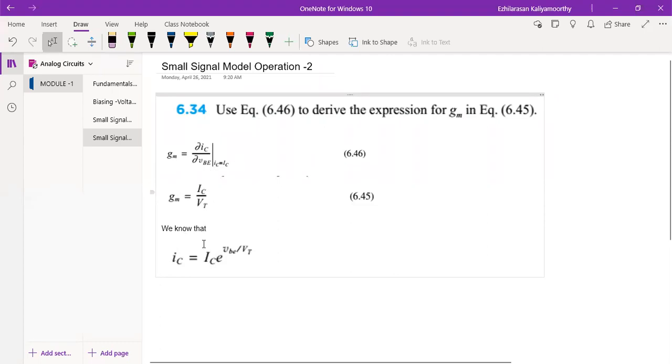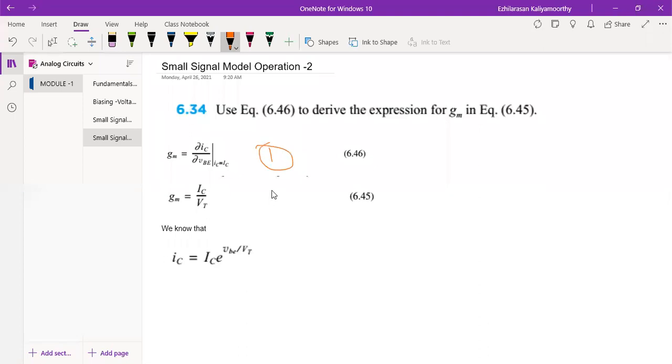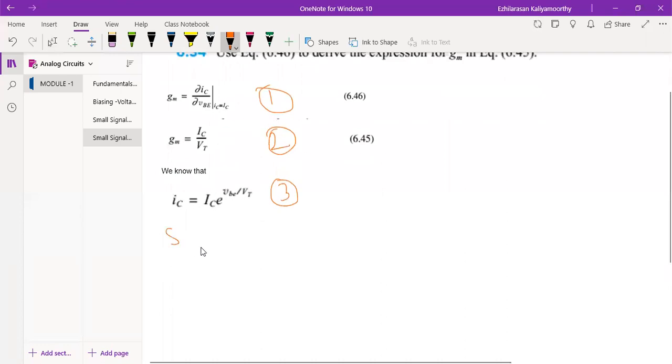We know the expression for the collector current: IC is equal to IS into e to the power VBE by VT. Consider this equation number 1, this equation number 2, and this equation number 3. Now substitute equation number 3 in 1.